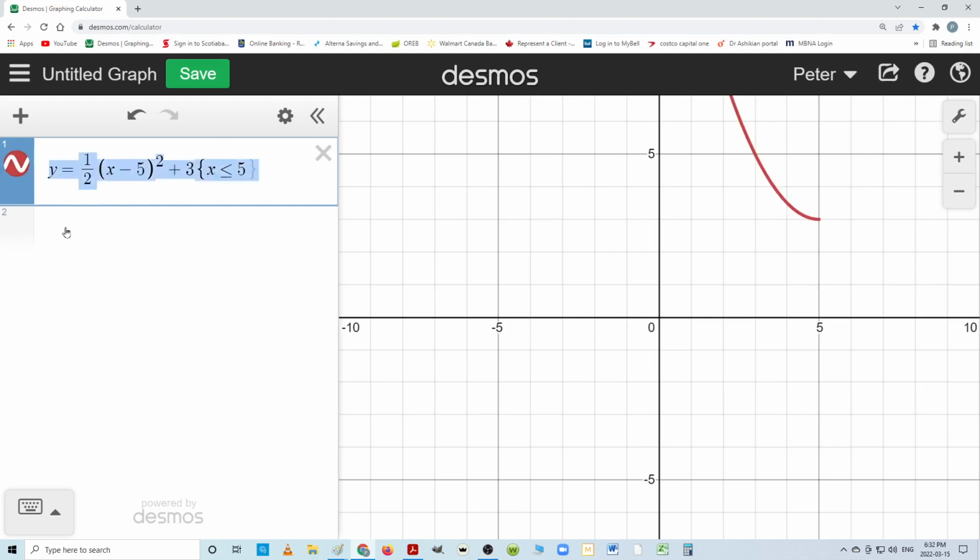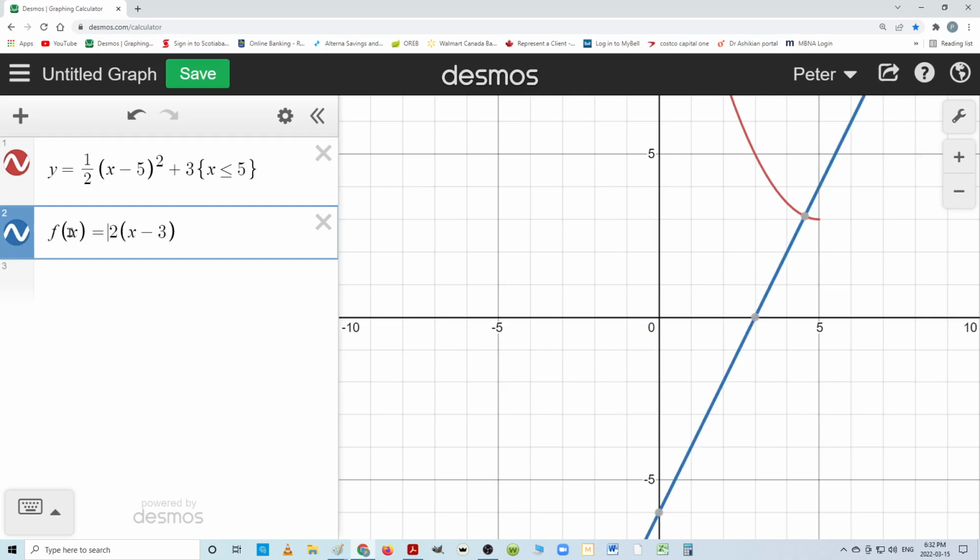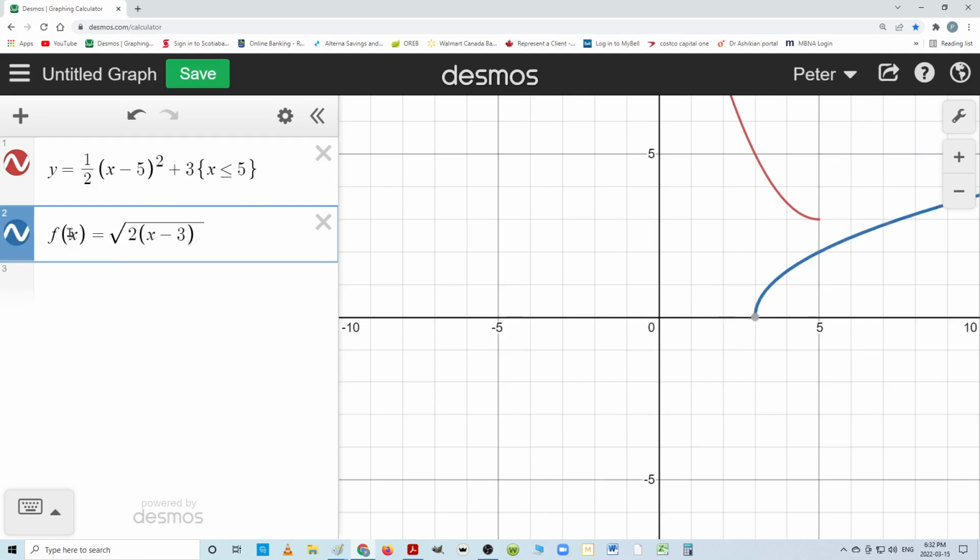And the inverse, since I'm going to use the new version of it, it's going to be x minus 3 times 2. All of it will be square root, so I'll just put this in there. And then minus plus 5, rather. Nope, without the square root. Like that.